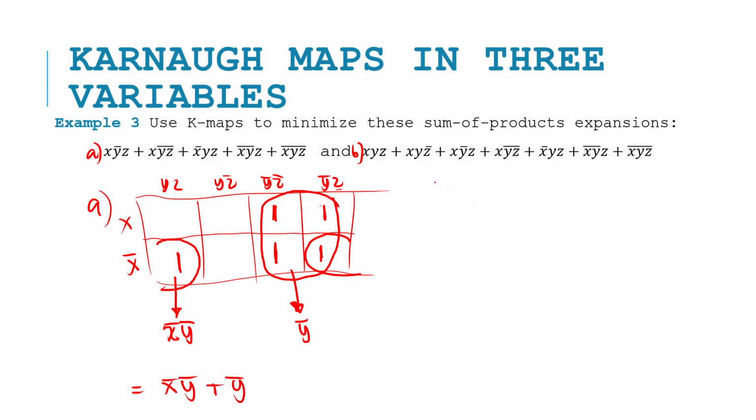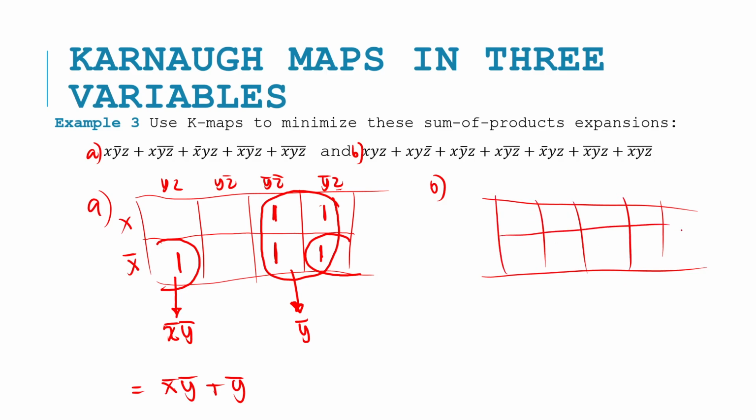Now let's do the answer for letter B. Again, we have to have the K-map of 4 columns and 2 rows. So the columns here are yz, yz prime, y prime z prime, and y prime z. The rows are represented as x and x prime. Doing the same thing, we have to put a 1 for each of the min terms that we have here.